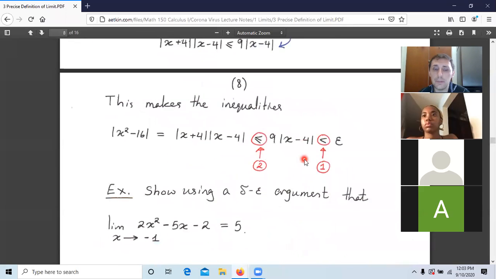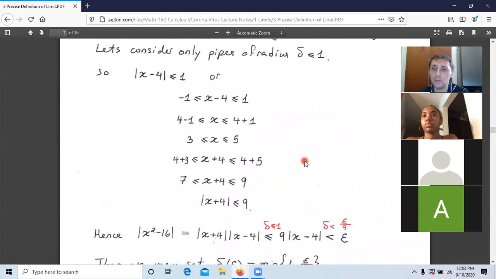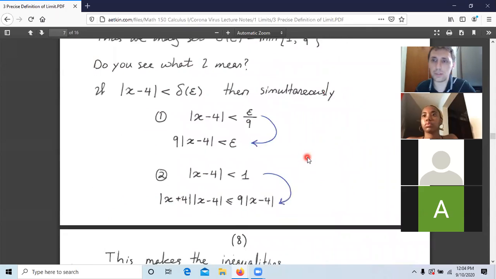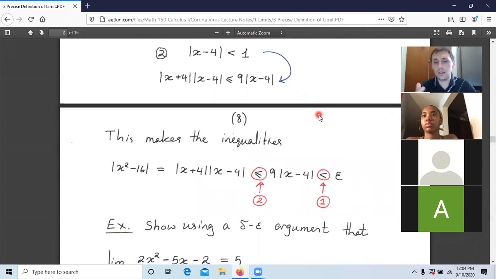So that means that if epsilon is equal to, let's say, 18, then my delta will be 1. If epsilon is anything less than 9, then my delta will be epsilon divided by 9. Okay, I was able to construct a procedure by which to construct the input pipes.